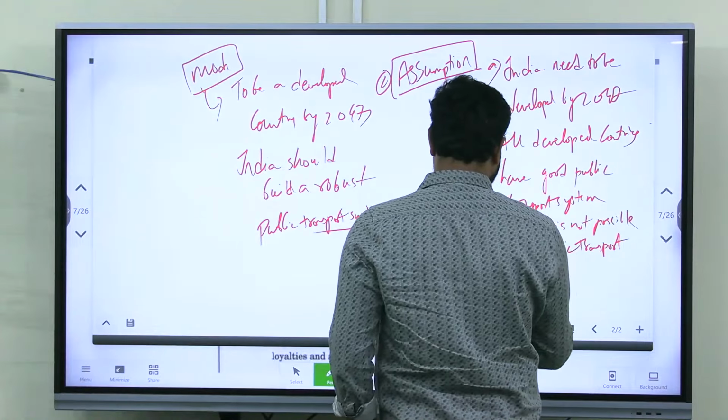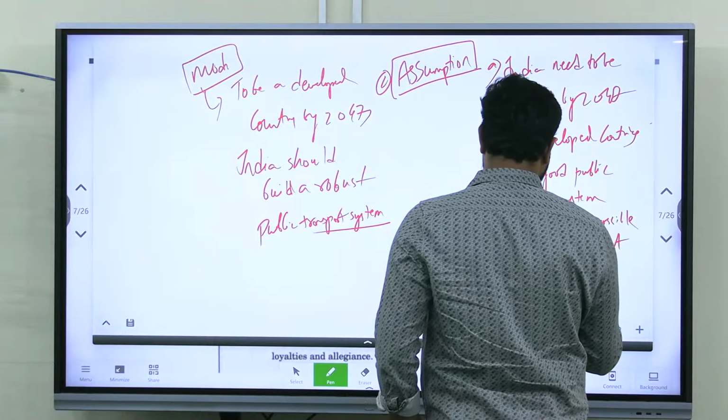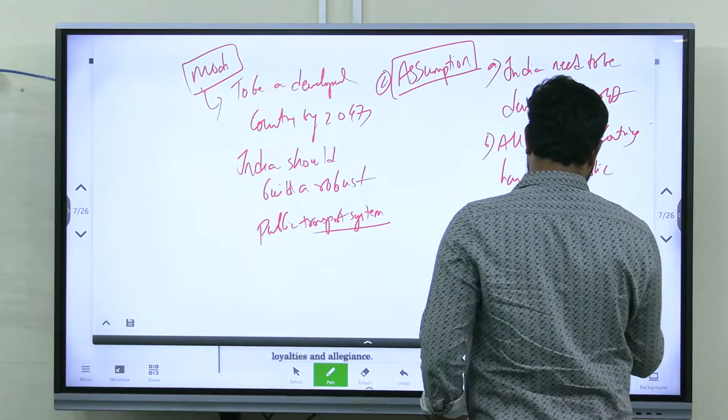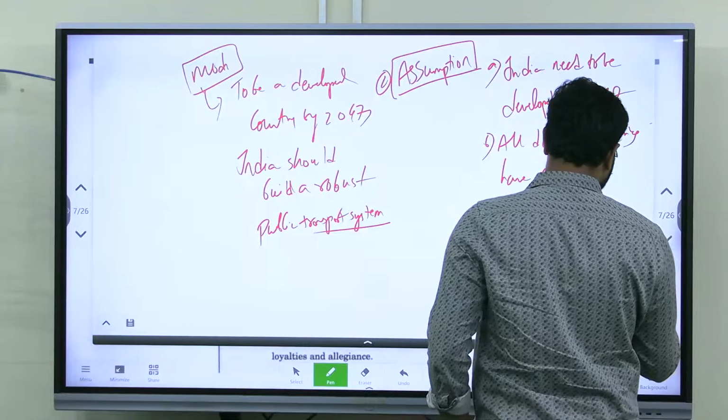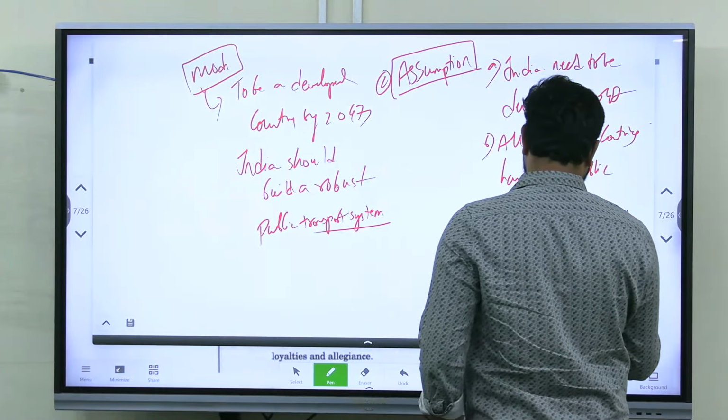Fourth, public transport system helps in nation development.